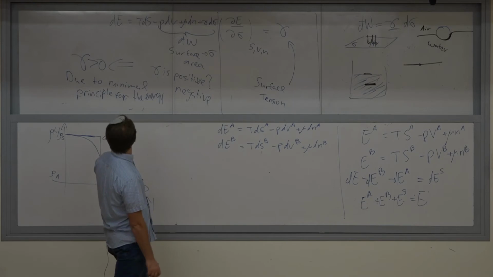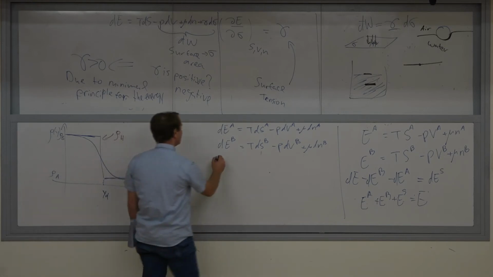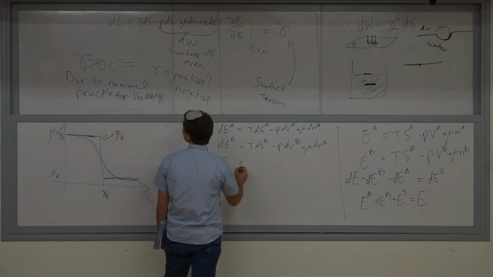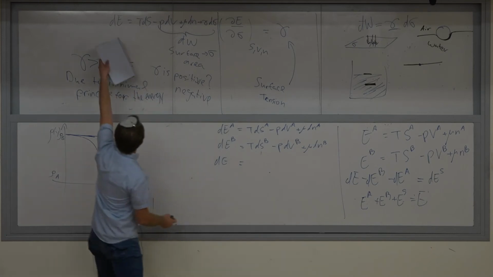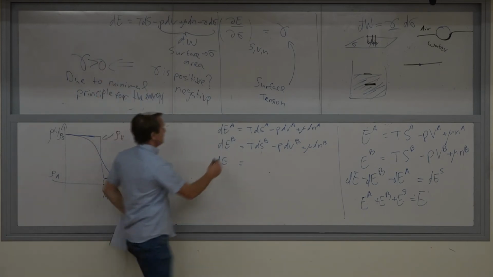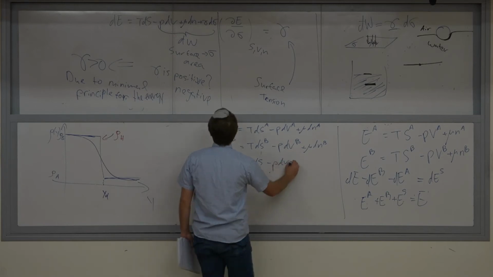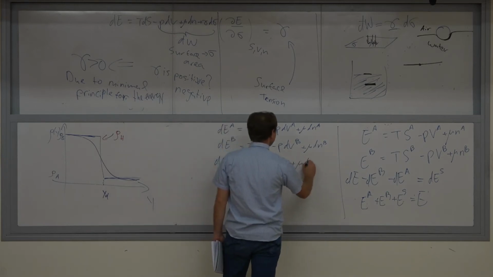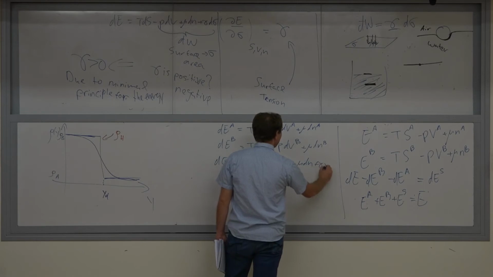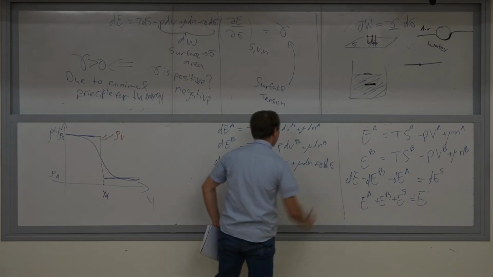Okay, dE, we already know what it is. What is dE? It's T dS minus P dV plus mu dN plus gamma d sigma.